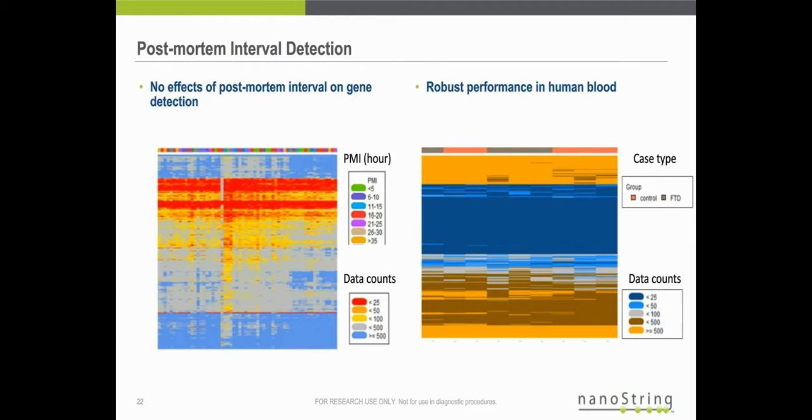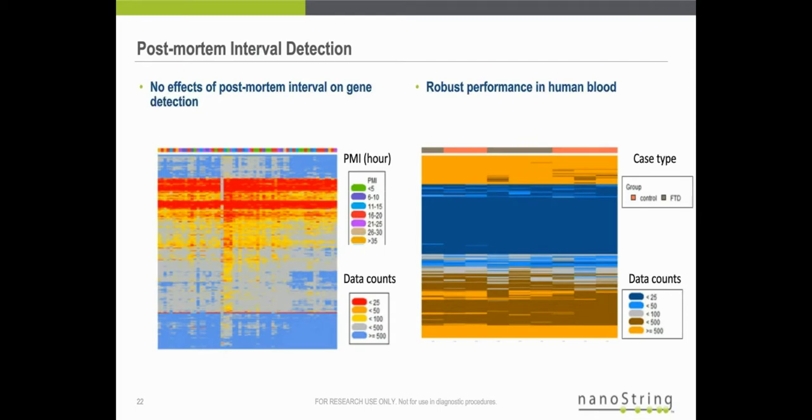And as you can see in the heat map, again showing raw data in which we profiled blood from controls and from patients with frontotemporal dementia, most targets were detected in a robust range, which you can see shown in orange. And overall, about 63% of all targets were detectable, confirming that this panel is reasonable for studies in which one might want to assess blood-brain correlates, for example.